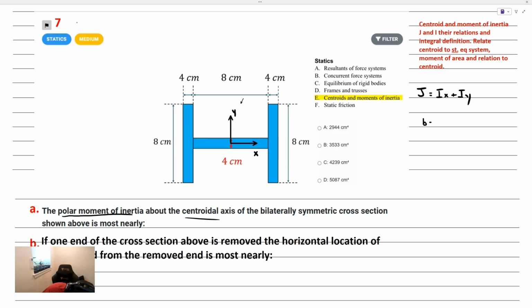So b is equal to 4 centimeters, h is equal to 8 centimeters. So what we really have is like this. This side is b, this side is h, this side is h, this is b here, the thickness, b, h.